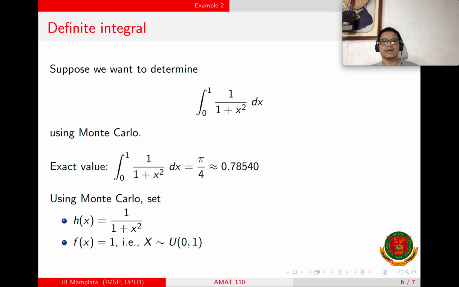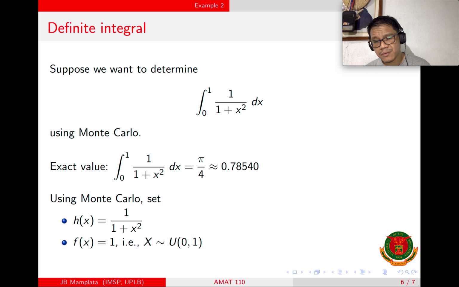Okay? So, ang gagawin natin is magge-generate tayo ng several values of x na nanggaling sa uniform distribution. Okay?